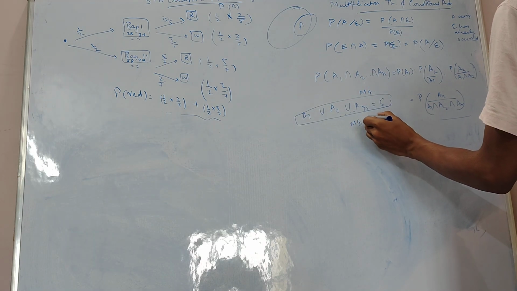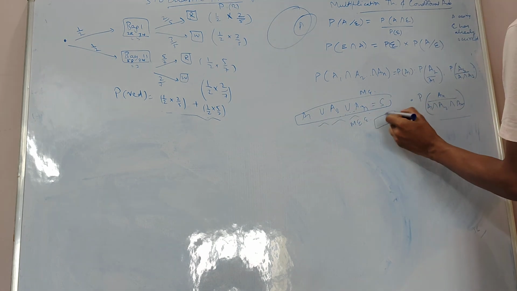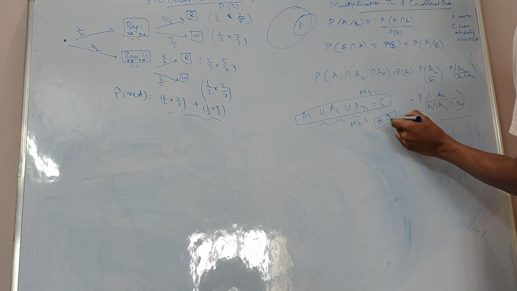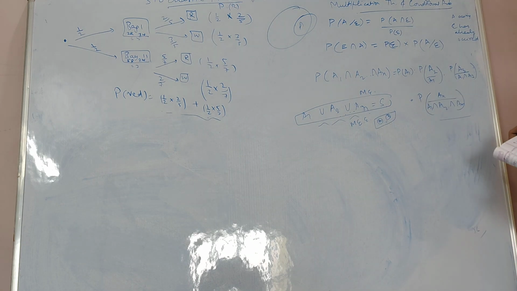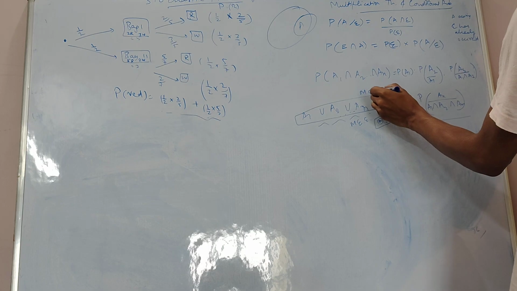Mutually exclusive means these events cannot occur together, and mutually exhaustive means their union gives the sample space. Basically, A and B do not overlap, and the sum gives the sample space. This is mutually exhaustive.